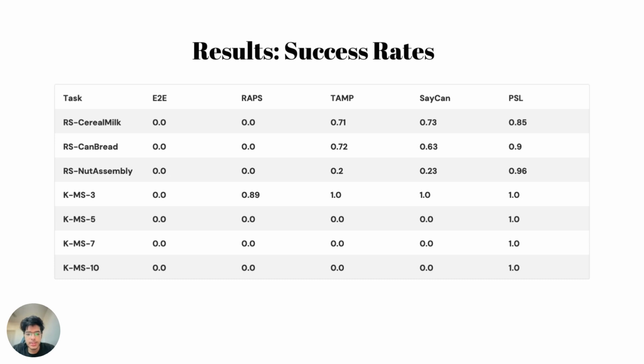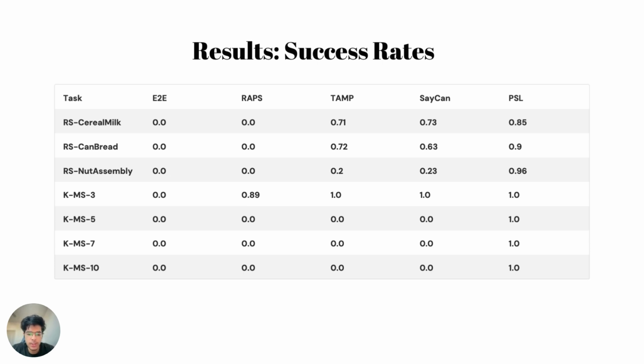PSL achieves impressive results, successfully completing over 85% of long horizon tasks, even those with up to 10 stages. For example, it scored a 96% success rate on challenging nut assembly tasks compared to other approaches.